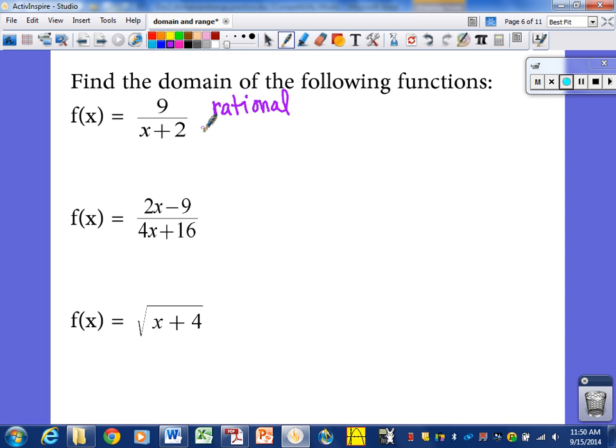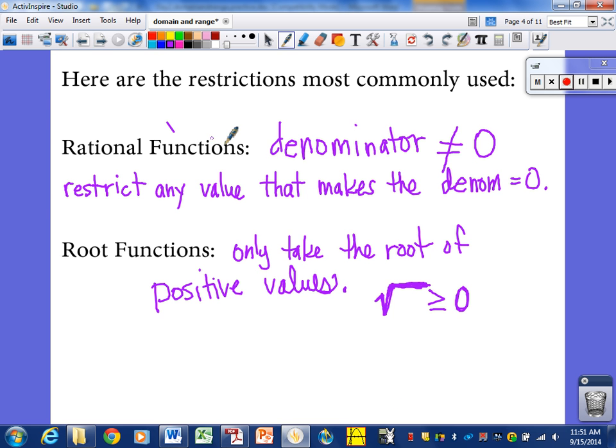Okay, so what's true is the denominator, which is x plus 2, this portion down here, cannot be equal to 0. Okay? The whole entire denominator, whatever this happens to be, cannot be 0. That's our restriction from over here. Remember, the restriction is the denominator cannot be equal to 0.